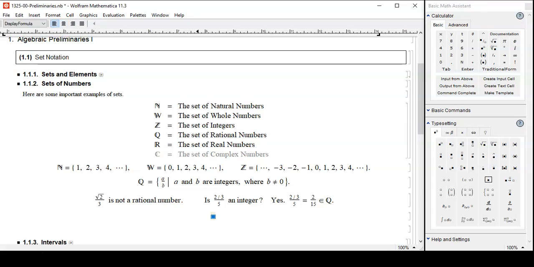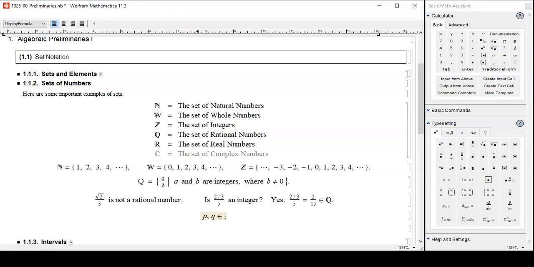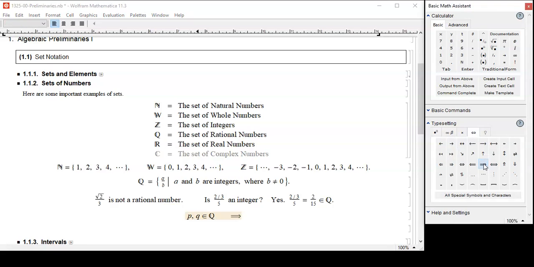See, for example, if P and Q are rational numbers, then you can find at least one rational number in between. Simply take the average.